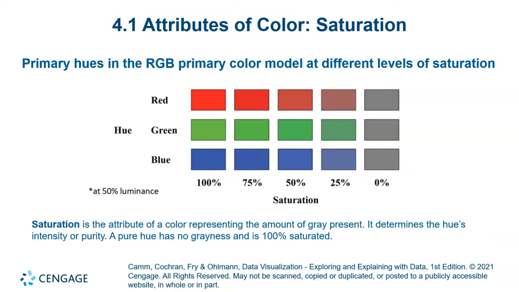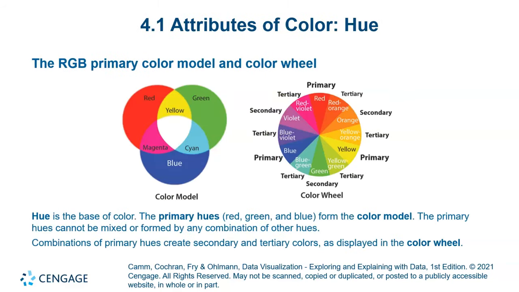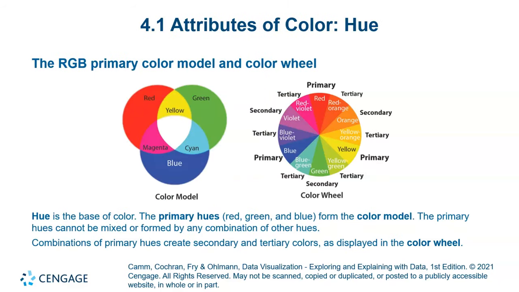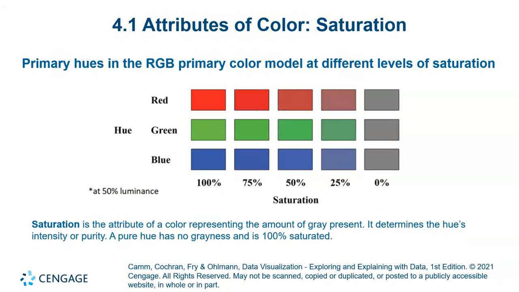Now you see over here saturation. The first important thing is the hue, the second important thing is saturation. Hue is the basic color. Second is saturation, how much grayness is present in a color.